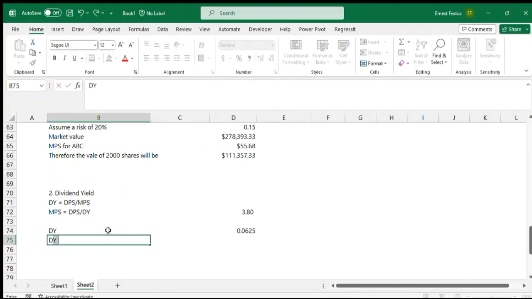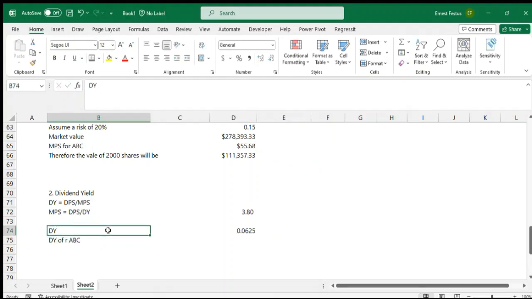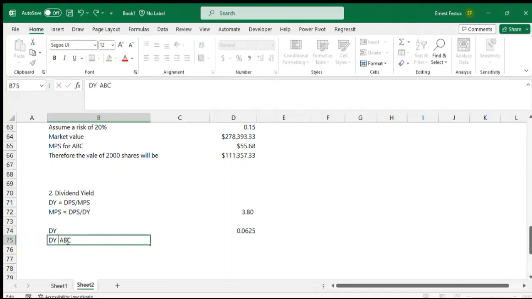So this is DY for XYZ, which is the quoted company.